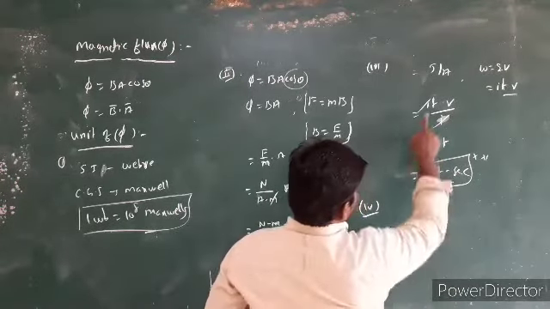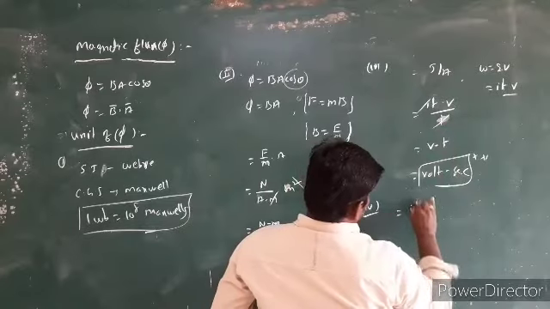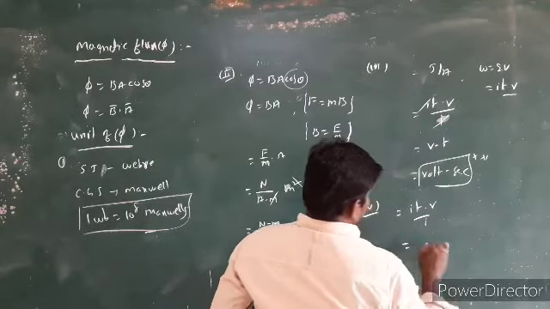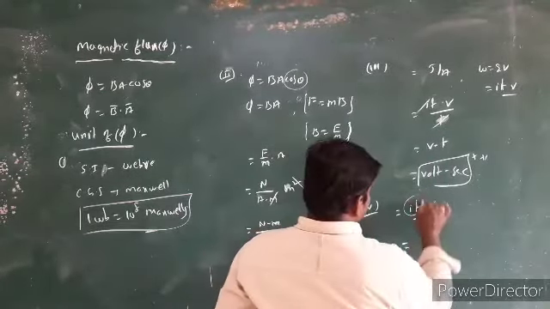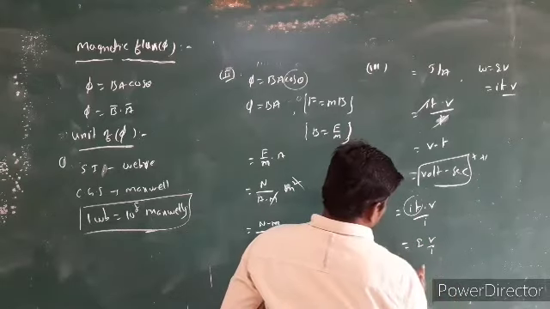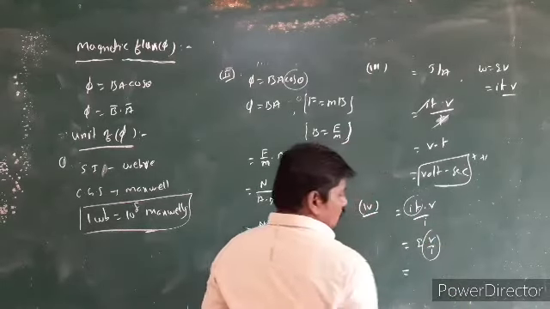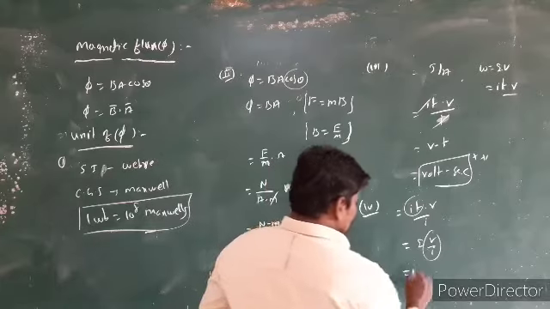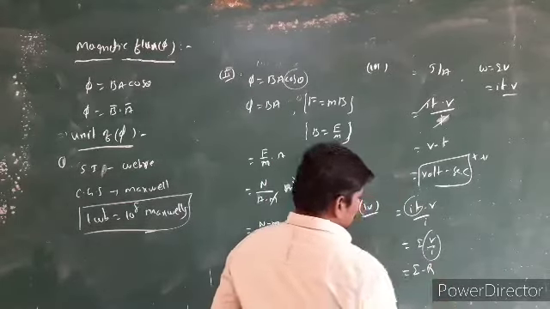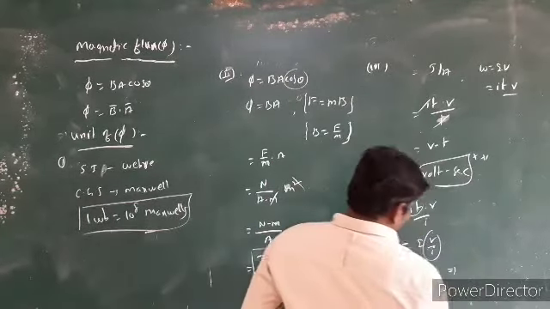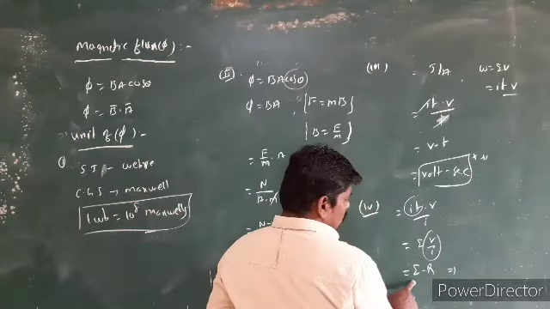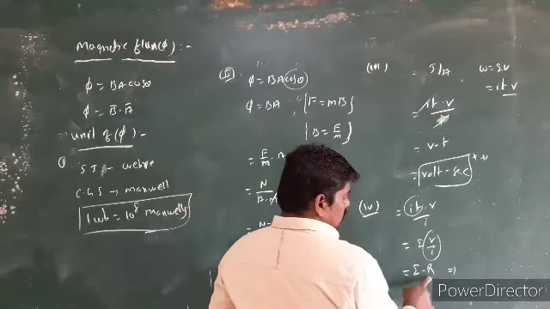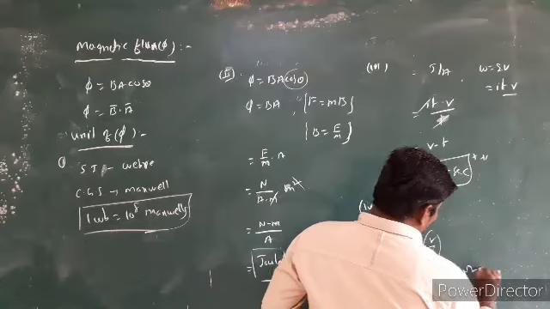Now from this, listen, I into T into V by I. I T means Q, so Q V by I. V by I means voltage by current, means resistance, so Q into R. Now the unit of charge is coulomb, and the unit of resistance is ohm, so ohm coulomb.